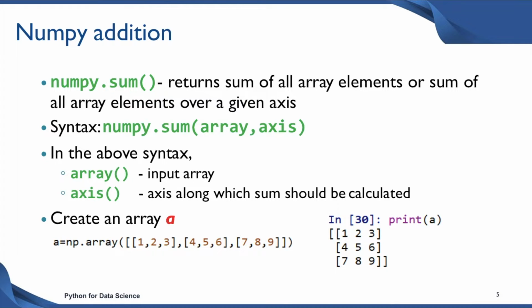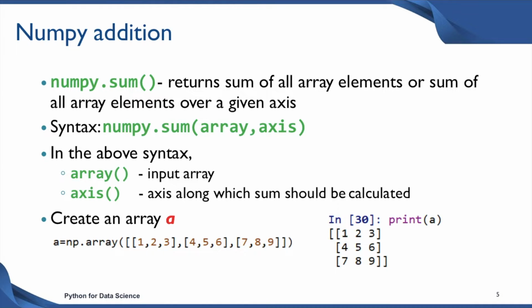So sum returns the sum of all array elements or sum of array elements over a given axis. We have two parameters in the sum function, that is the array, and we specify the axis. If we don't specify any axis, by default it will calculate the sum across all the columns.